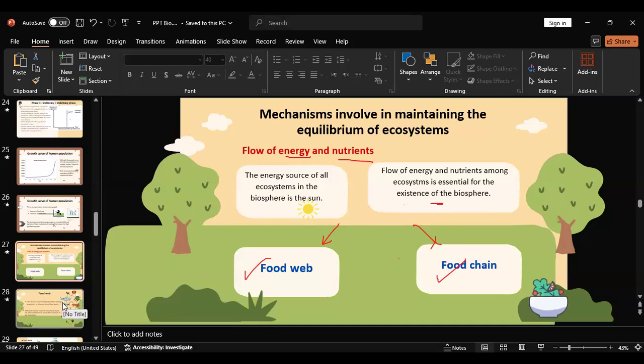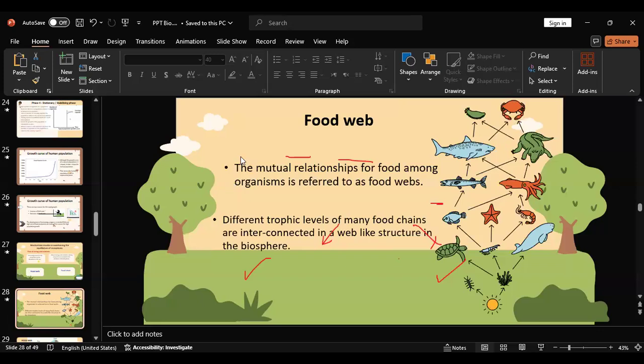The first one, food web. Here, a food web is the interaction of organisms with each other in order to achieve their nutrition. That is the relationship and interaction within the organisms.